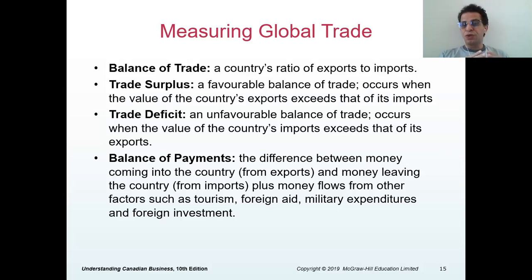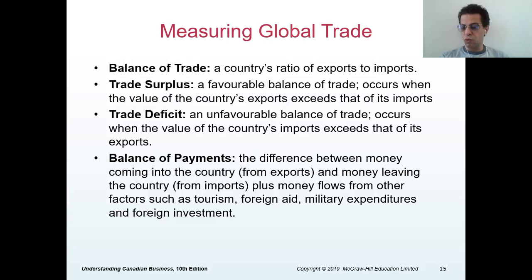So how do we measure global trade? The balance of trade is a country's ratio of export to import. If your export is 20%, 1/4 of your import, then for every $4 you are losing, you have $1 revenue.